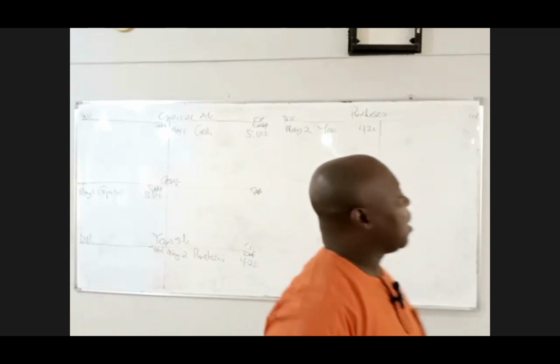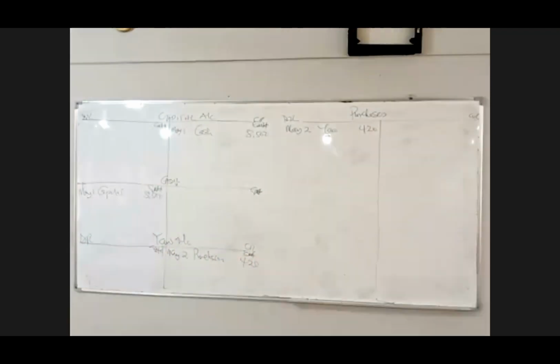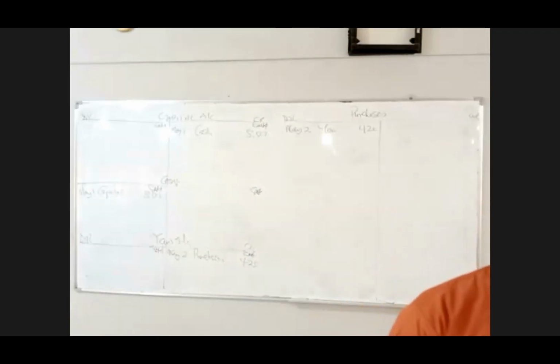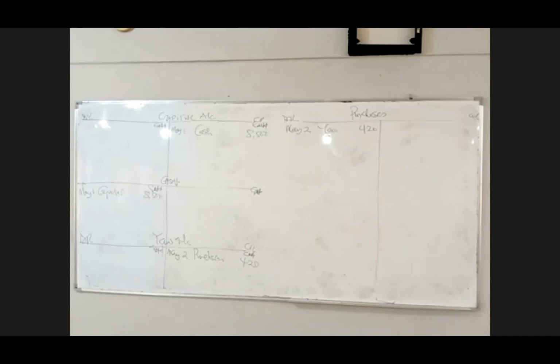Now, rent by cash, 210 Ghana cedis. Paid rent by cash, 210 Ghana cedis. And we ask ourselves, what are the major accounts involved in this particular transaction? Rent and what? Cash. Good.